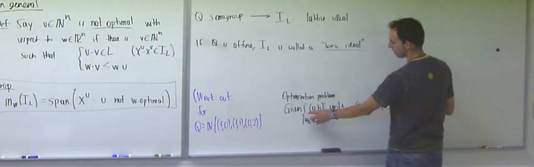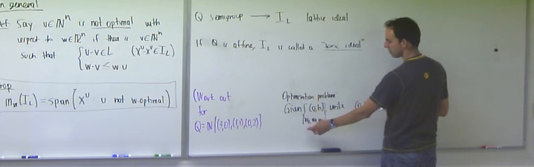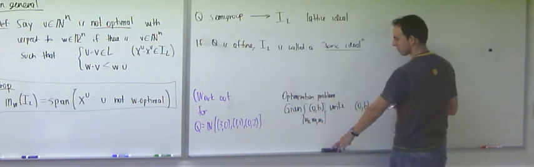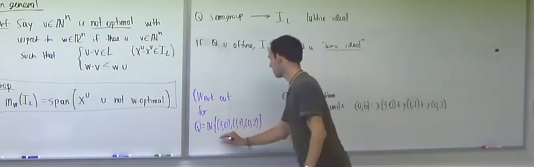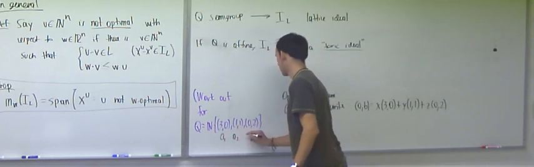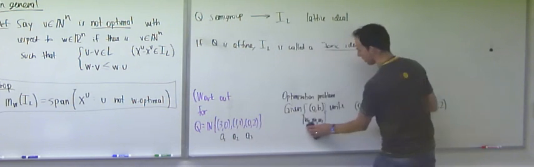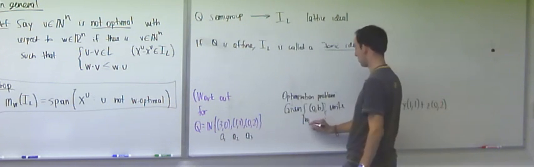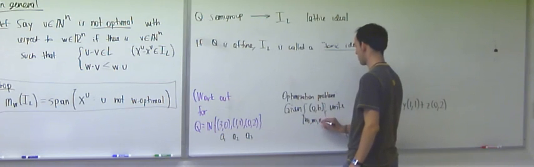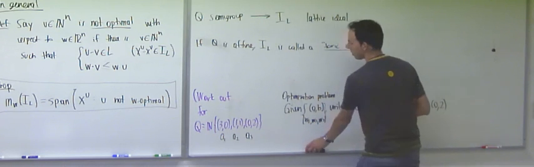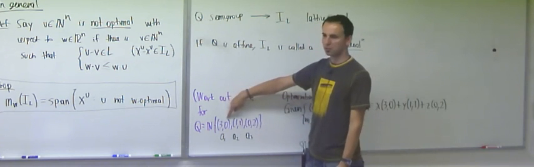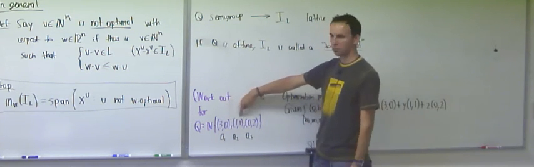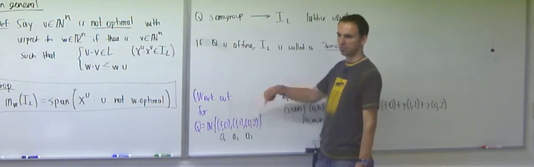a vector a comma b and weights, which maybe it's better if I call, since we've been calling this a1, a2, and a3, maybe it's better if I call them w1, w2, and w3. Okay? So in that case, they were 1, but here I might say, this is going to cost you 2, this is going to cost you 1, this is going to cost you 7.